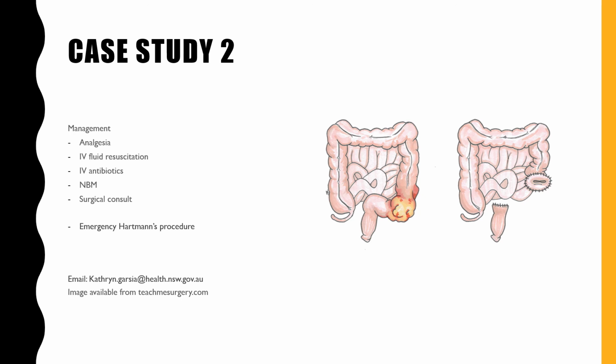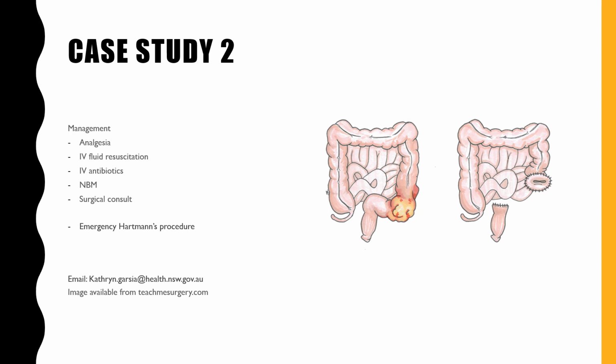We've started him on IV fluids and have given him a bolus of 1 litre of normal saline so far. He's on IV antibiotics and he's been given appropriate analgesia. We're keeping him nil by mouth. Is there anything else that you'd like us to do in the meantime? And if you could please come and see the patient as soon as possible, as we're really worried about him.